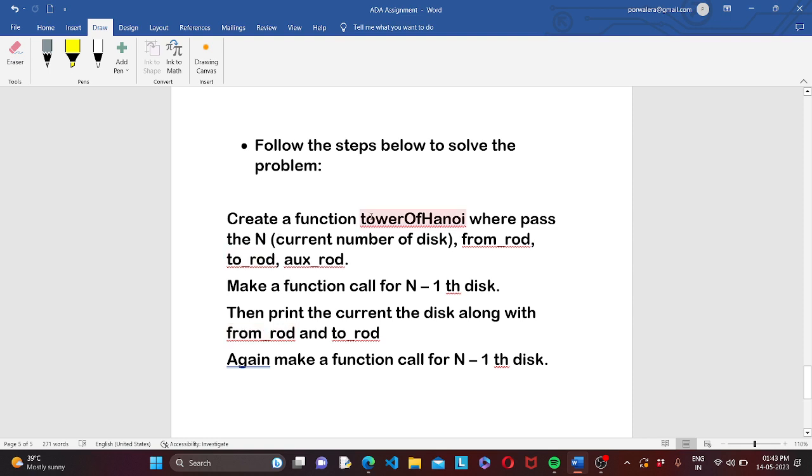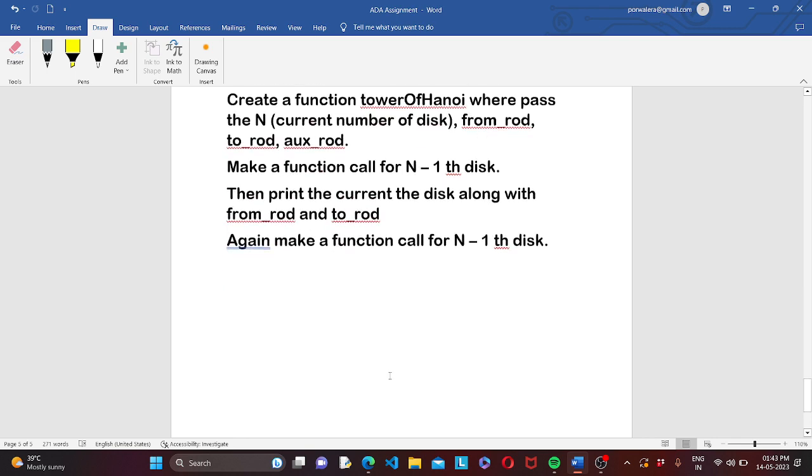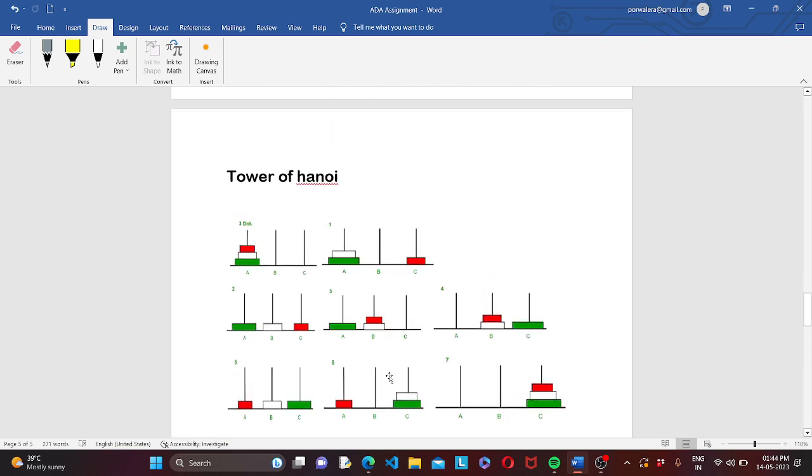First we have to create a function Tower of Hanoi where we pass n, the current number of disks. We have 3, so we'll pass 3, from rod, to rod and auxiliary rod. Auxiliary rod is the helper, which is B in our case. So make a function call for the n-1th disk, then print the current disk along with the from rod and to rod, and again make a function call for the n-1th disk.